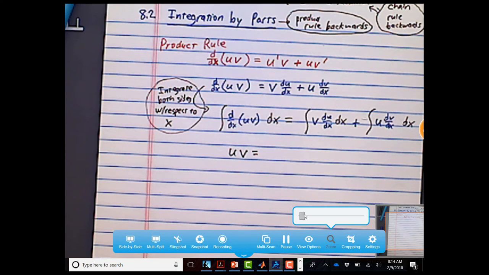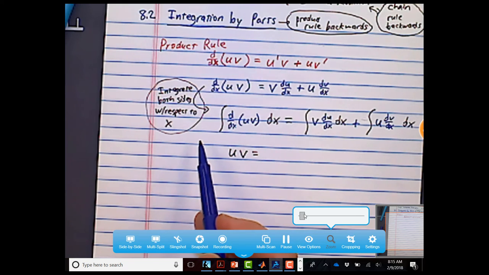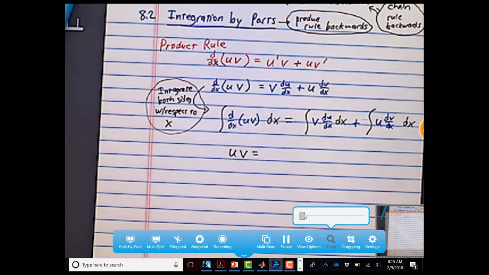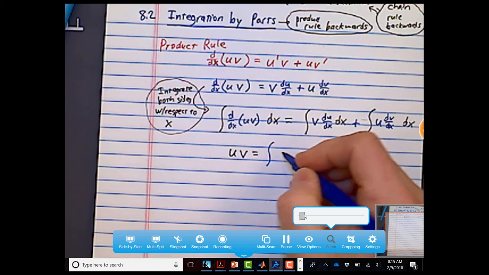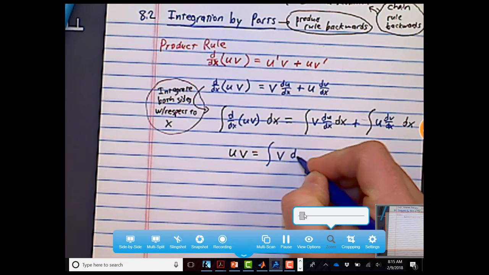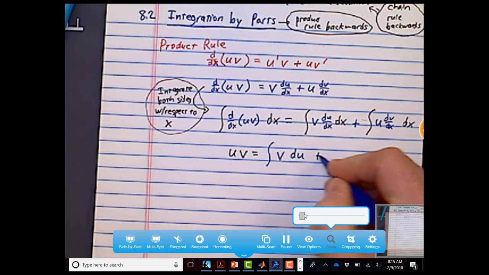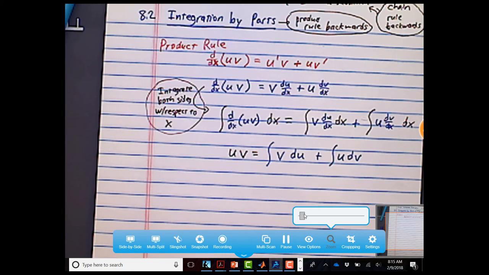And so, just like on the left-hand side, integrating undoes the derivative, right? That's kind of what Leibniz saw. He wrote these like fractions because they're undoing each other. You'll notice that we're left with a couple of integrals on the right. The dx's are gone, but what you have here is v du next to an integral, and u dv next to an integral.